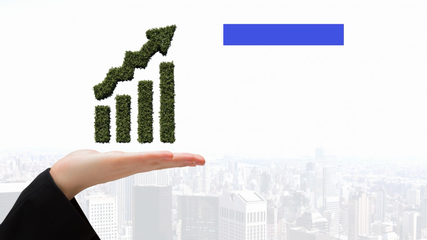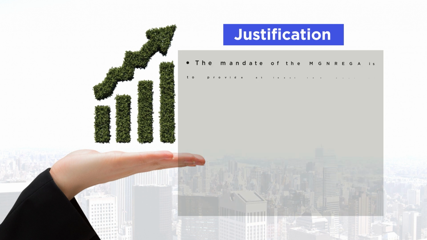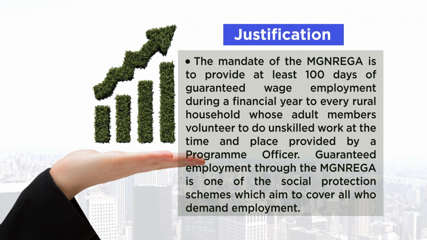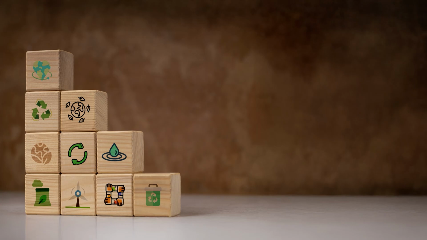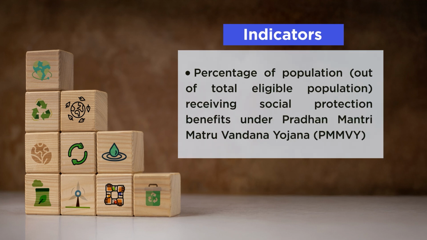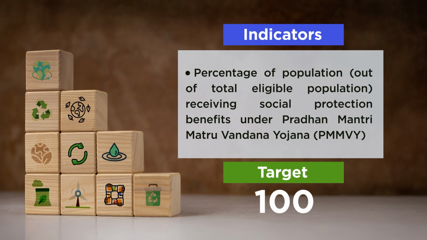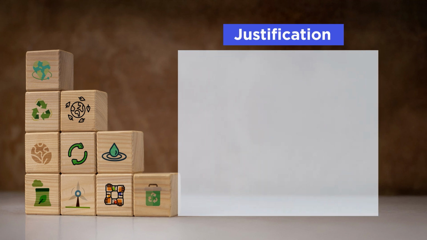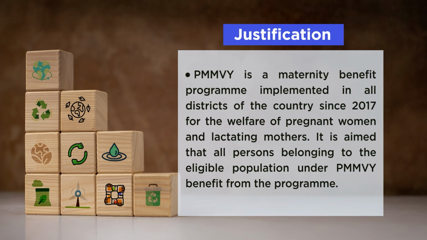The reason is that it is one of the social protection schemes which aims to cover all who demand employment, at least 100 days in a year. The same way, when we talk about social protection benefits under the Pradhan Mantri Matru Vandana Yojana, all persons belonging to the eligible population should benefit from this program. That is why we are putting a 100% target.